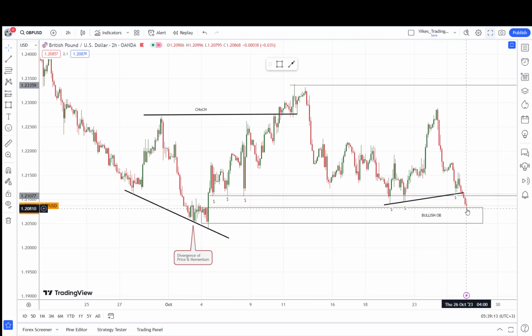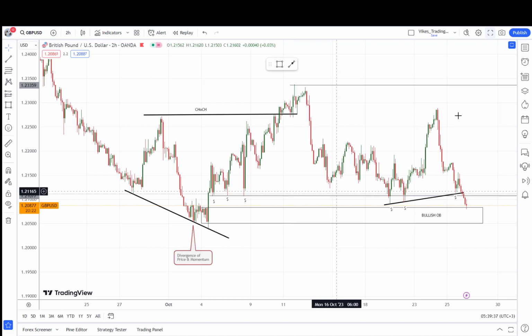I'll be looking into smaller time frames to identify some bullish change to execute a long position with my first target at around this place and my last target at around this place. Then obviously my stop loss will be below this wick here, below the previous low.